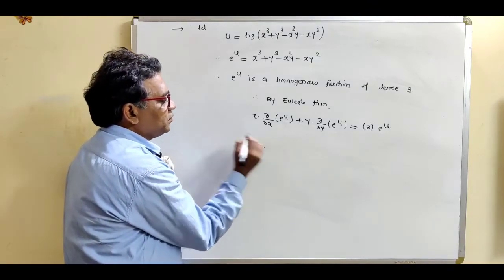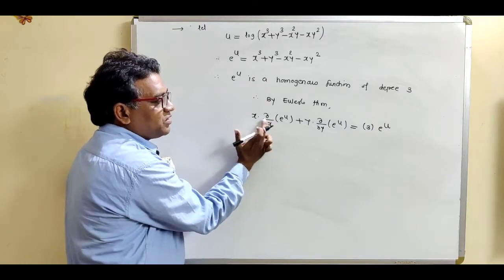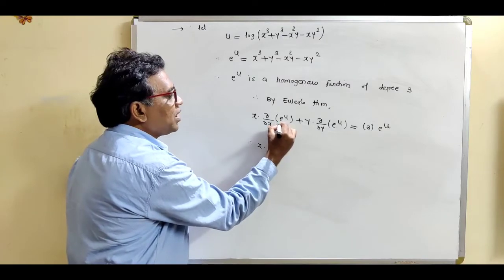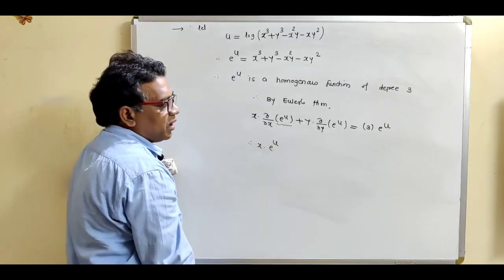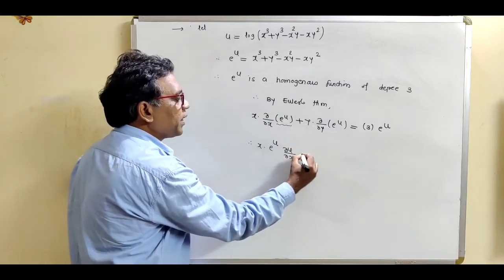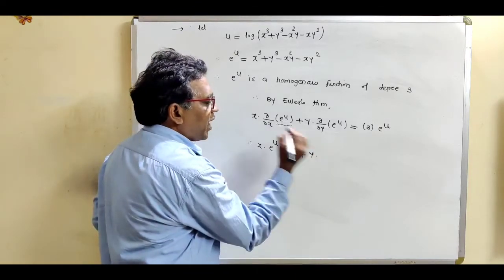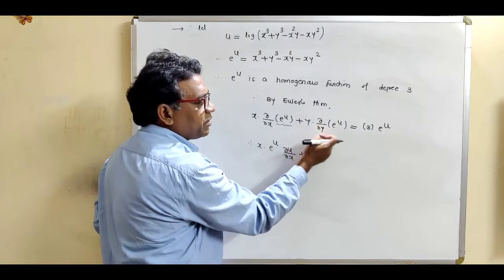So this is x into, now this is partial differentiation with respect to x. First of all, write derivative of this e raised to u, that is same. Partial differentiation with respect to x means we have to multiply by del u by del x, plus y into, now this is partial differentiation with respect to y.